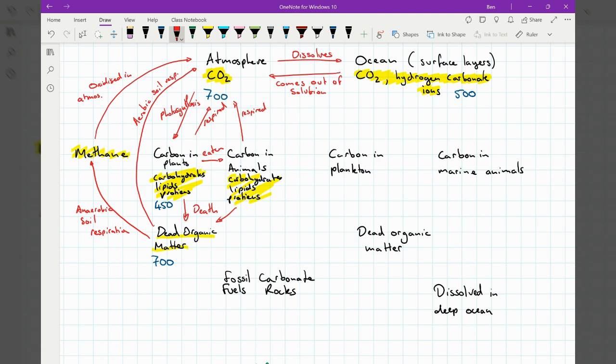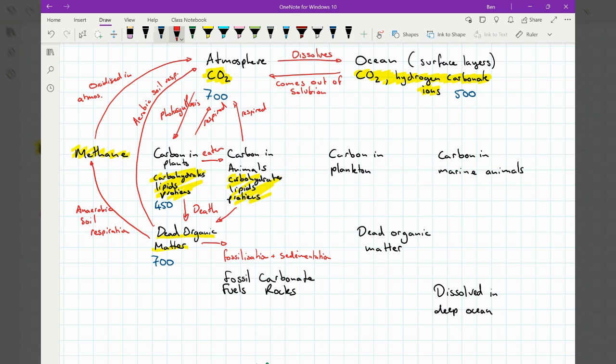And from the dead organic matter in the soil, it can then become fossilized, and go through the process of sedimentation, and become either a fossil fuel or carbonate rocks.